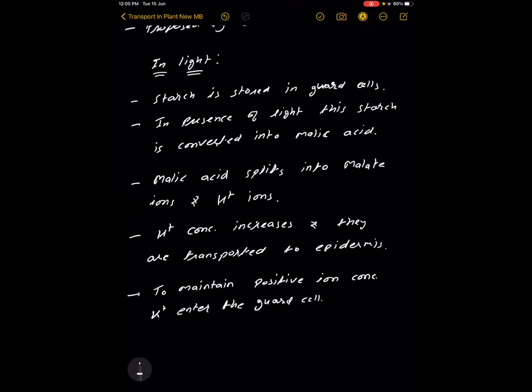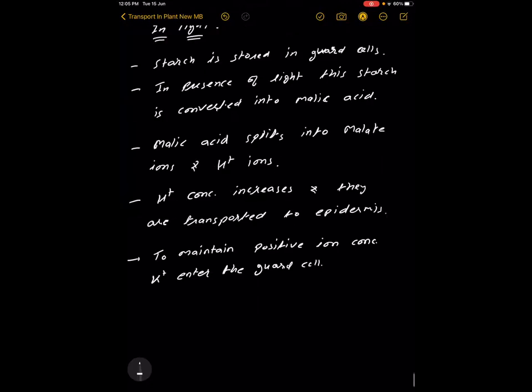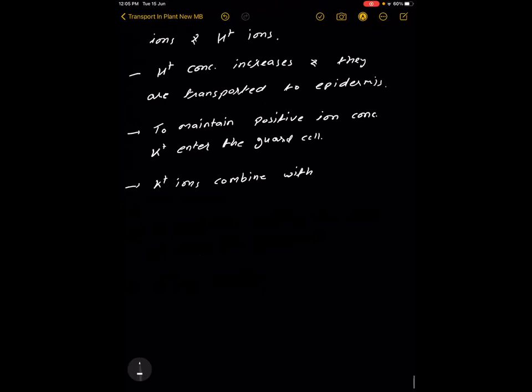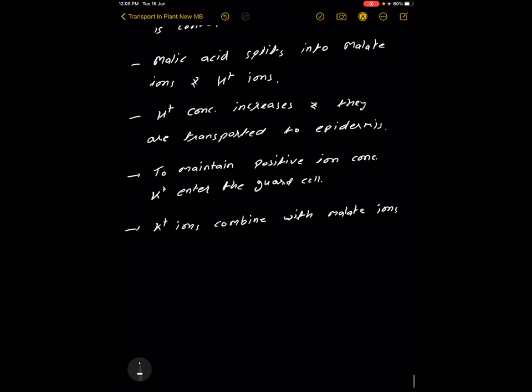Potassium ions combine with malate ions to form potassium malate. Potassium malate increases the osmotic concentration of the guard cell.